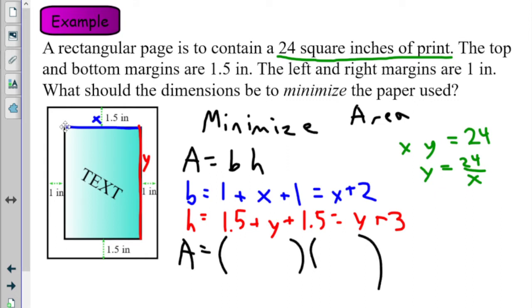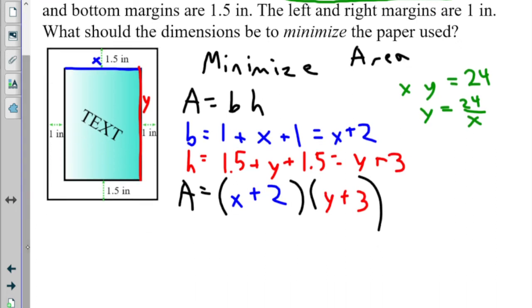So our base times our height, that's going to be x plus 2 times y plus 3, which I'm going to rewrite with one variable. x plus 2 times, well, what was y in terms of x? It's 24 over x.